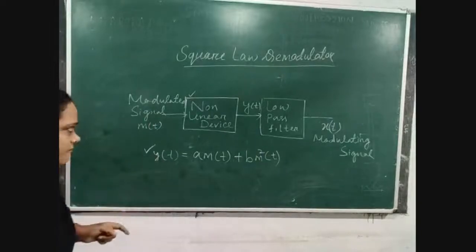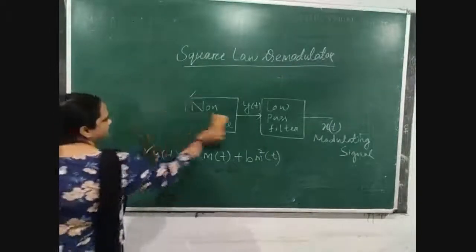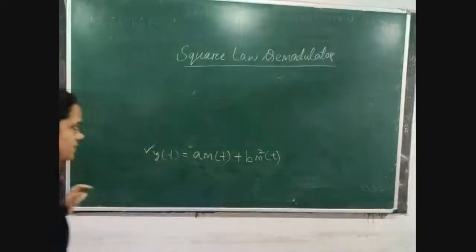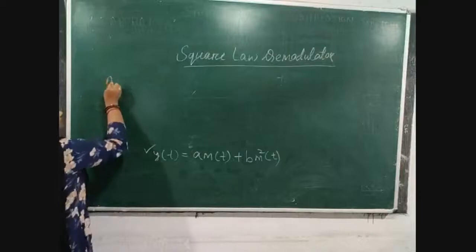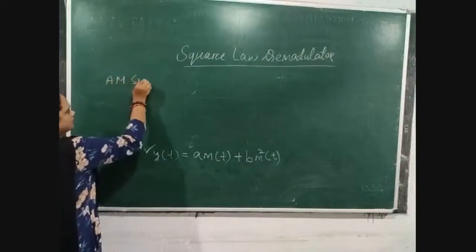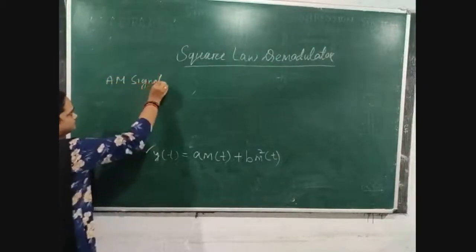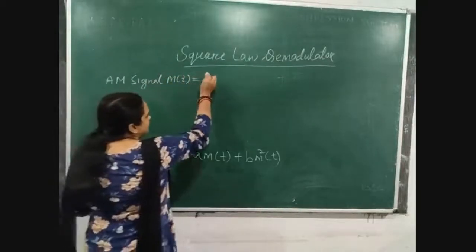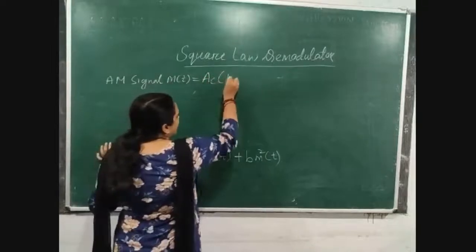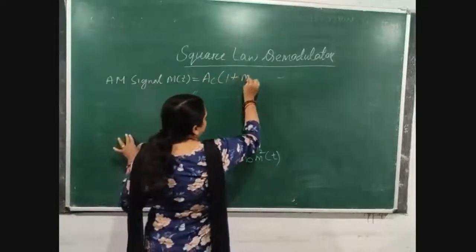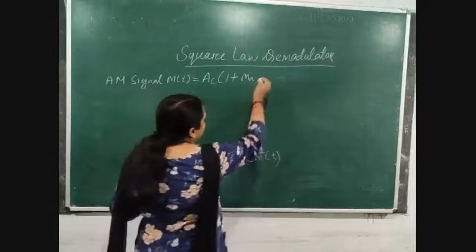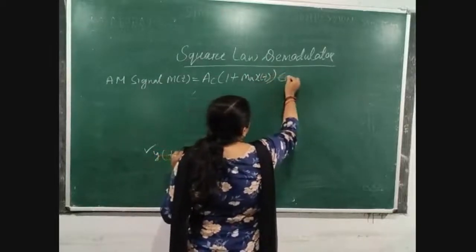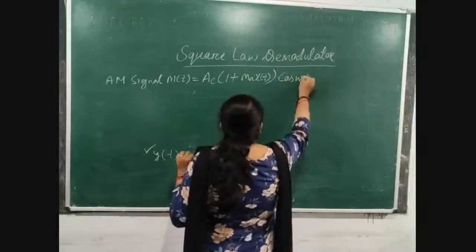How? First, as we know, an amplitude modulated signal is denoted as m of t and represented as Ac into 1 plus ma, that is the modulation index, times the modulating signal x of t, cos omega c t.